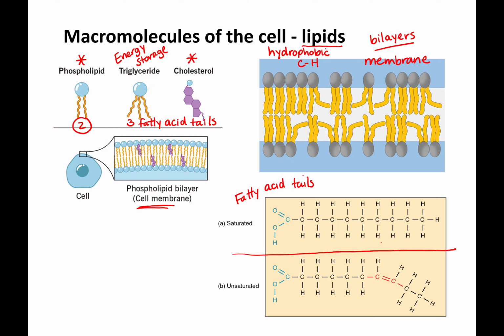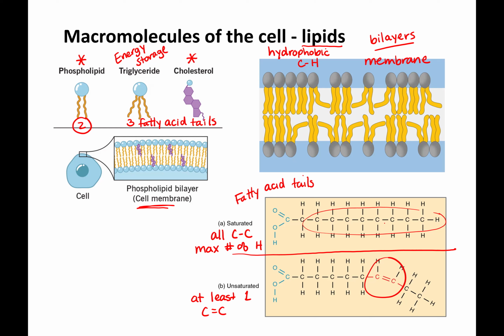Saturated means all carbon-carbon single bonds, as you can see here. It also means the maximum number of hydrogens, so it's saturated with hydrogens. An unsaturated fatty acid is going to have at least one carbon-carbon double bond.